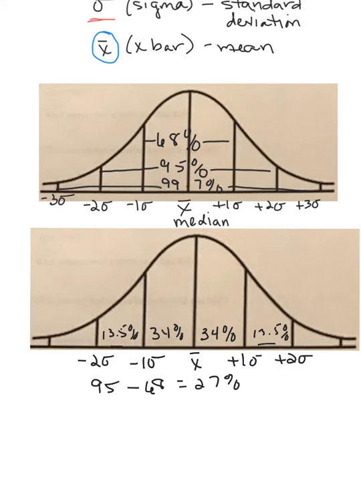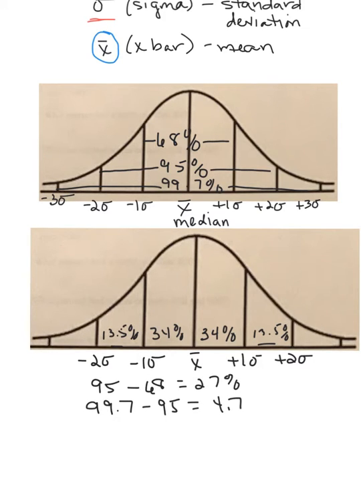We further know that 99.7% of the data lies within 3 standard deviations. At this point, we have labeled 95% of the data. So if we take 99.7 minus 95, what's left is 4.7.